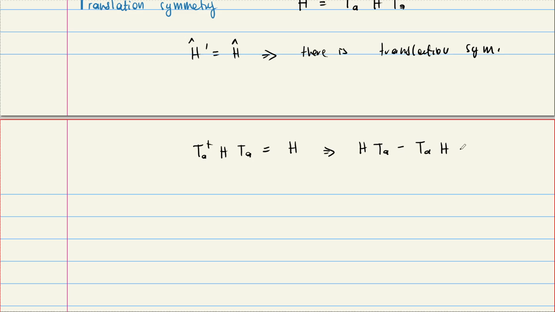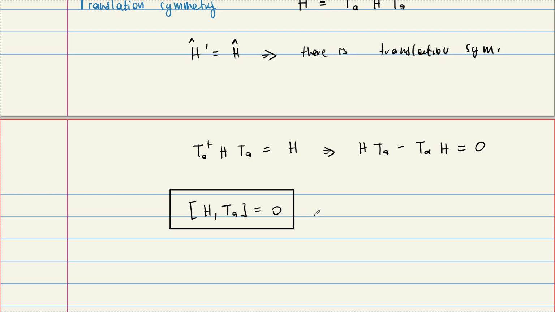This is the commutator equal to 0. Therefore, if there is translation symmetry in my system, the Hamiltonian commutes with the translation operator. So if this is given to us, this means we have translation symmetry. Simple stuff.